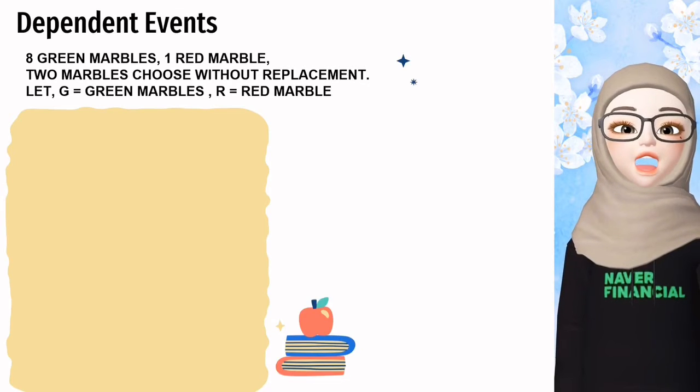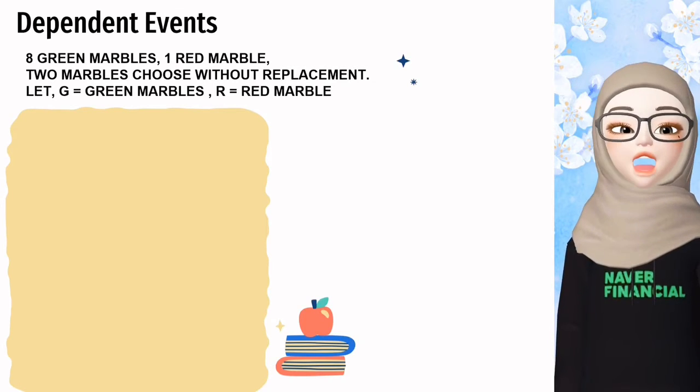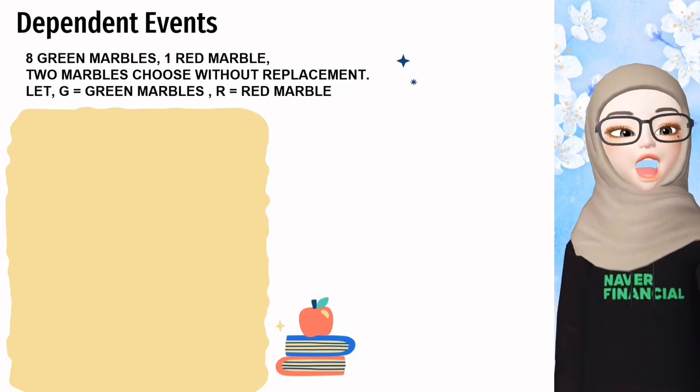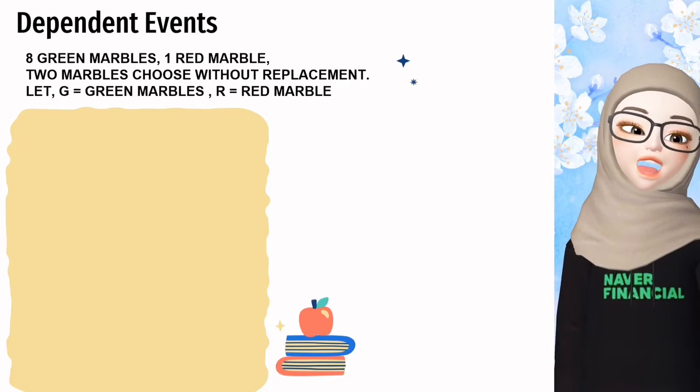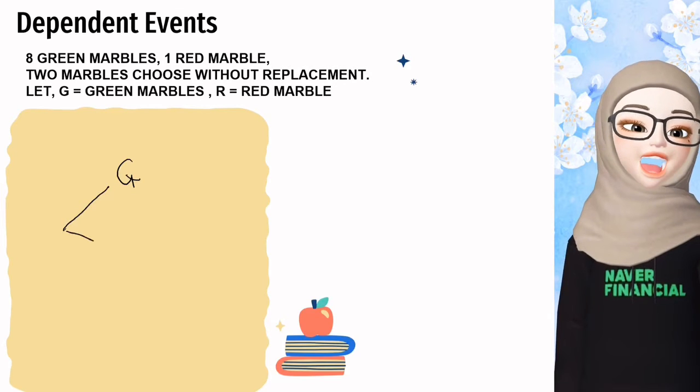Okay, so let G be a green marble and R be a red marble. So now let's begin by making a tree diagram. The first two possible outcomes that we get are either G or R on the first try.